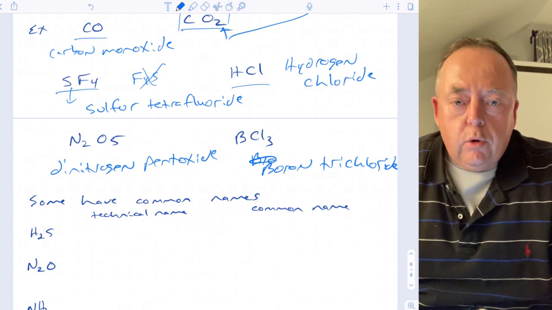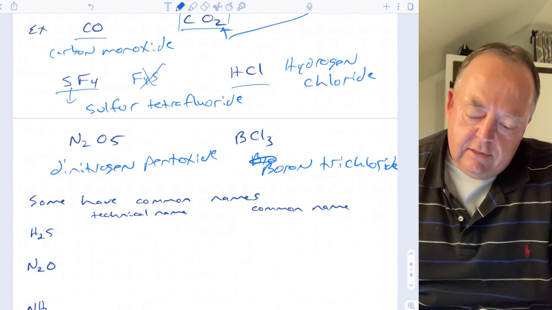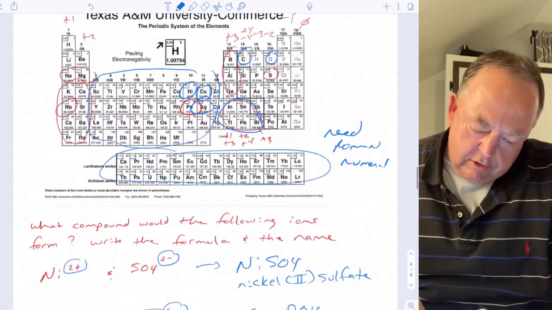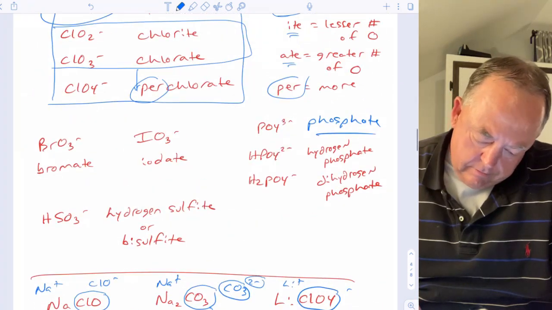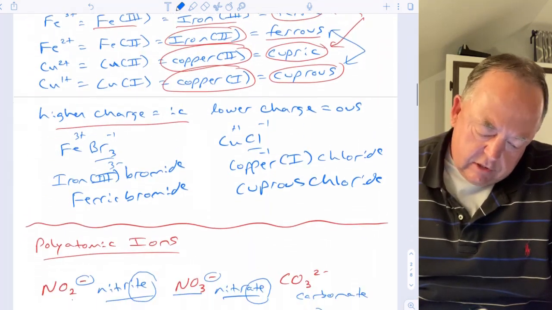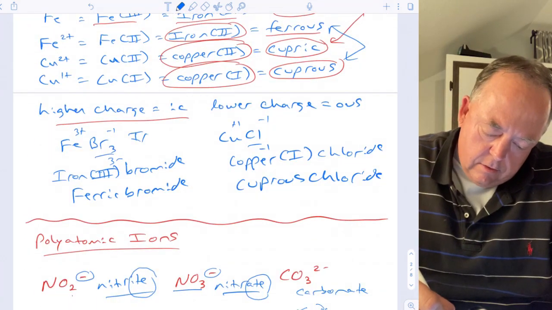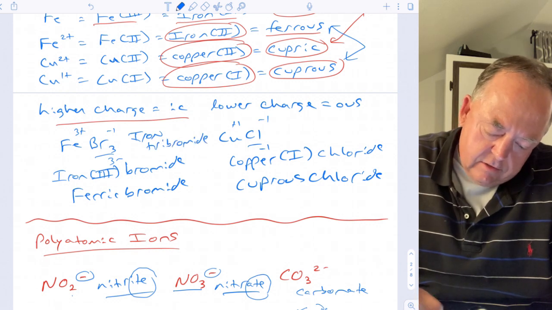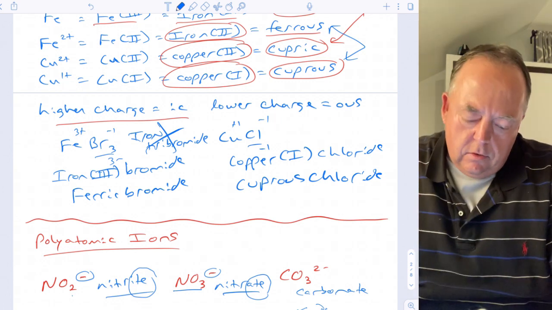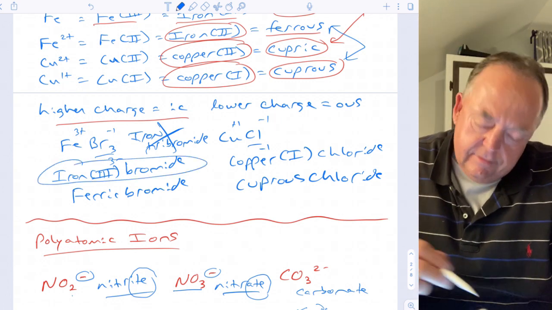Okay, so it's important to not mix the 2 naming systems up. So if we go back to one of these, you would never say iron tribromide, right? So don't mix the 2 schemes up. If it's a non-metal and a metal, you name it like this.